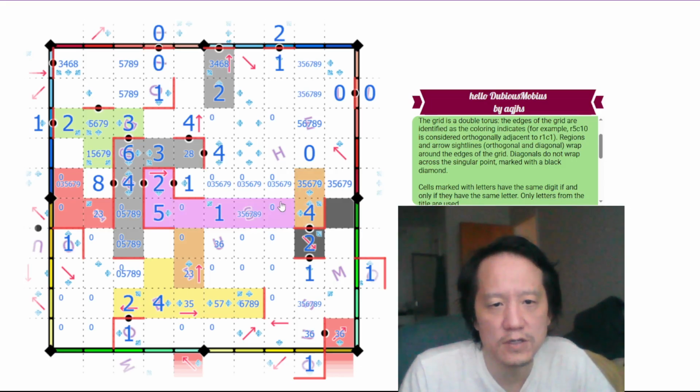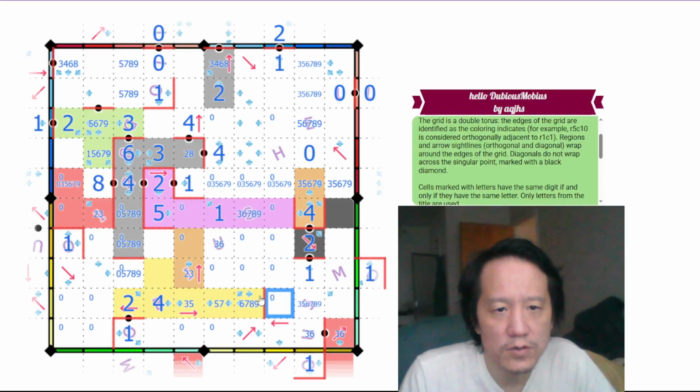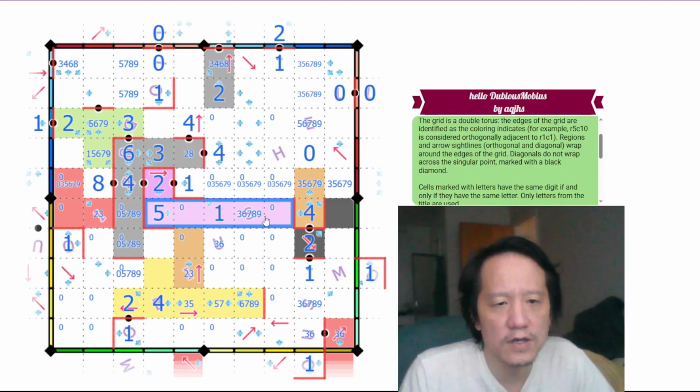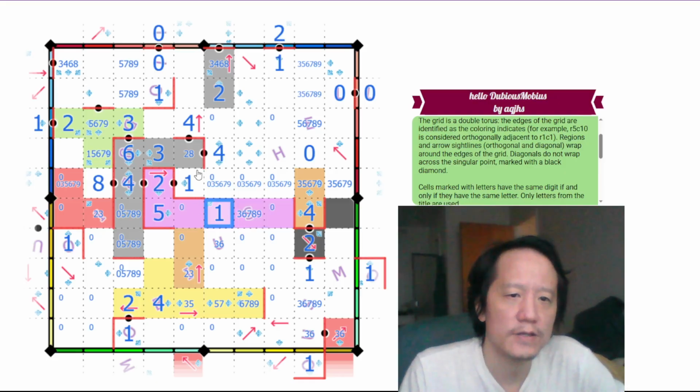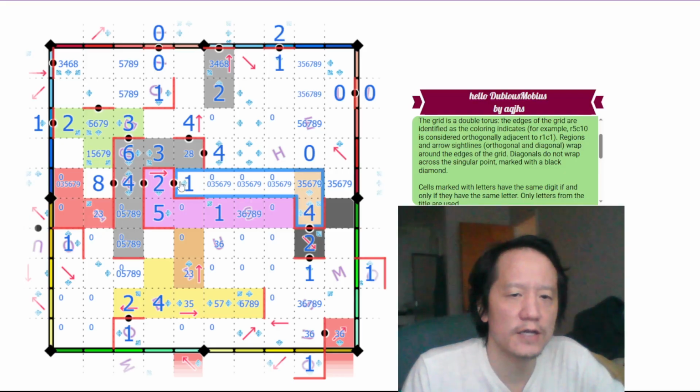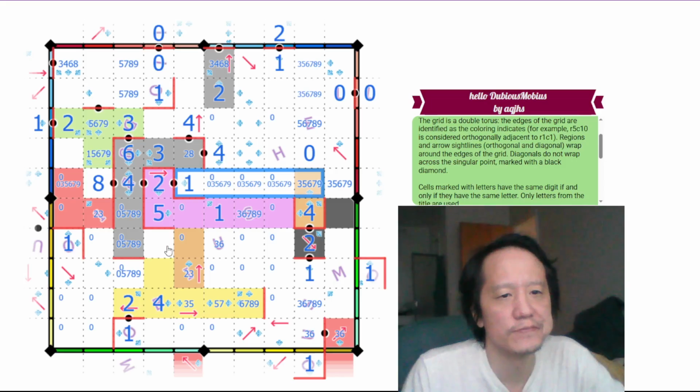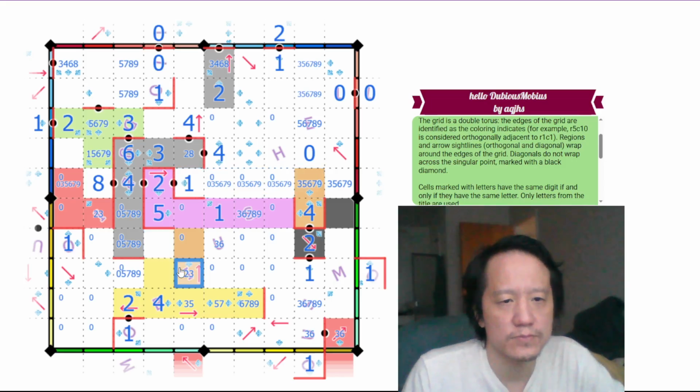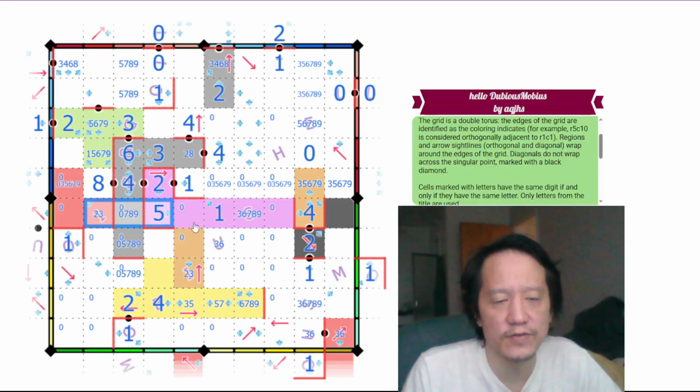So this is blocked here. This can't be 5. Where's the other 5? It's here, so this can't be 5. So we see that. This could be gray. That's fine. Orange. Can this be? It could be still the same region. This can't be 5 because of the 5 in the row.